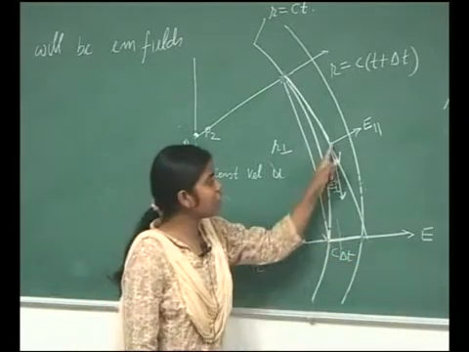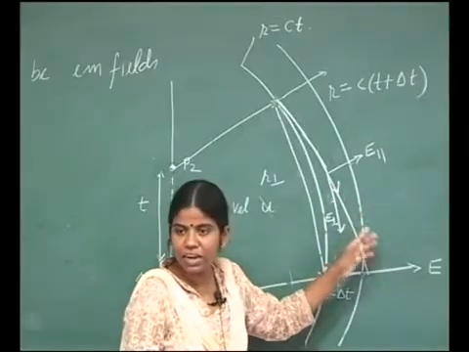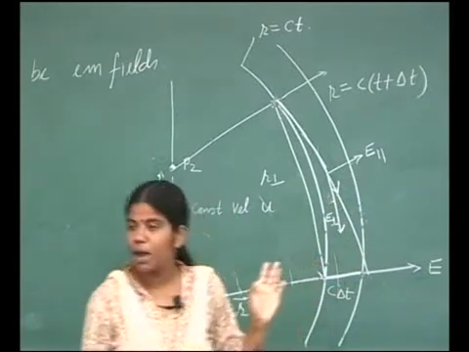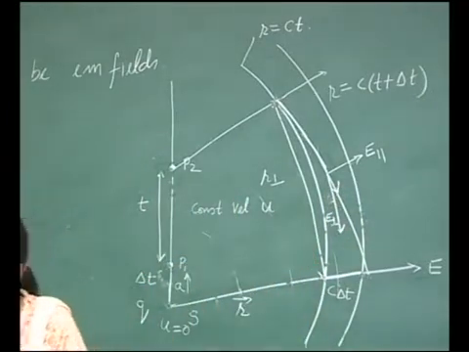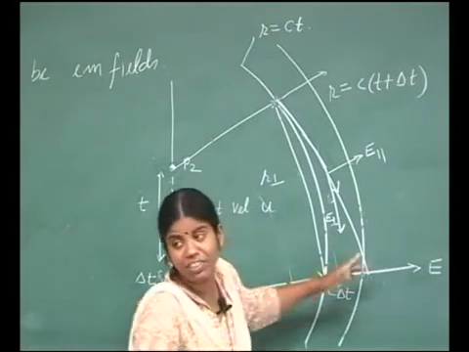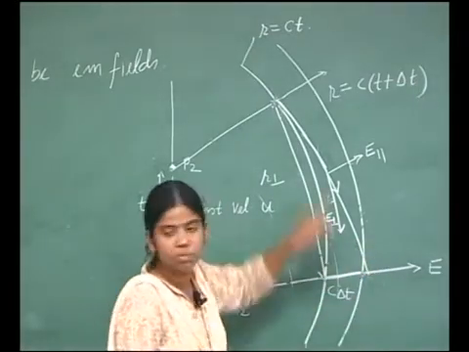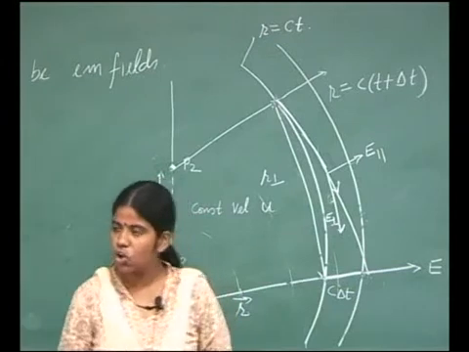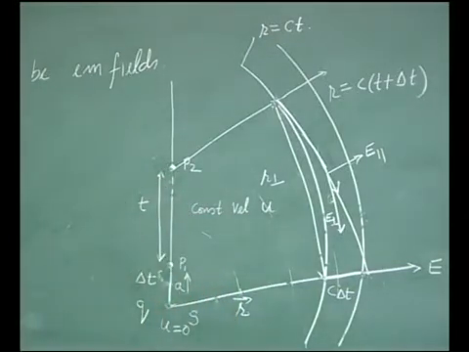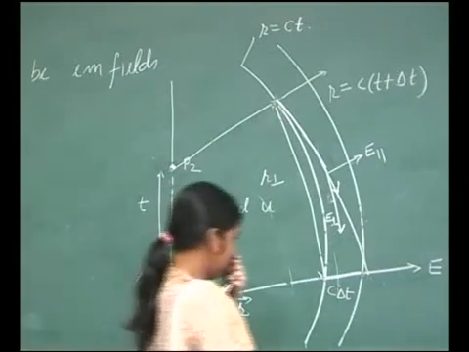So, if this electric field, which I have resolved into two parts, is going to produce a travelling EM wave, then the electric field associated with that travelling EM wave has to be E perpendicular. So, now my aim is to find E perpendicular. What I have to do? I have to find E perpendicular.